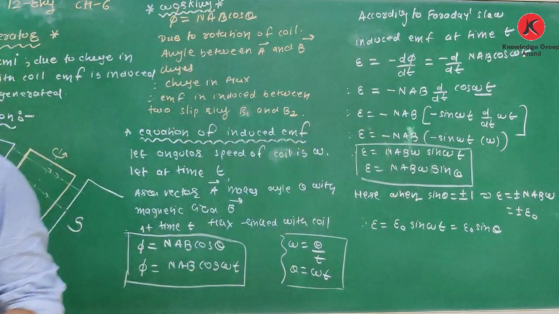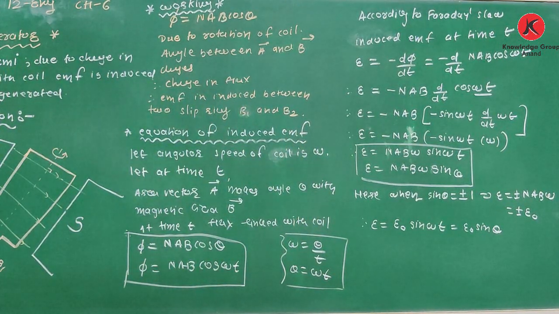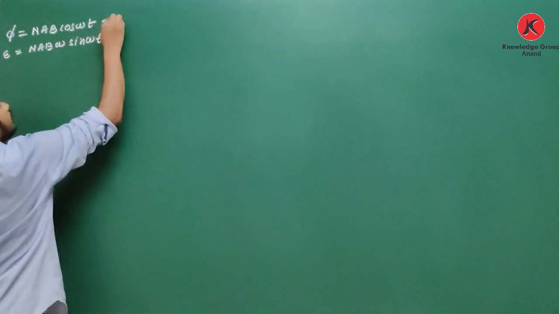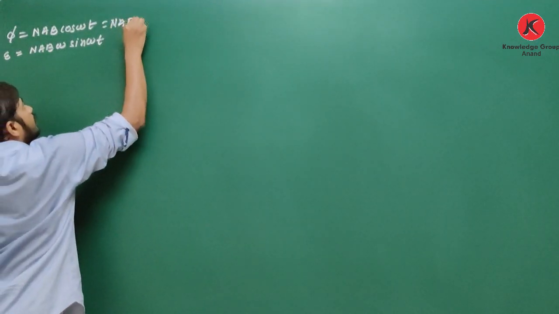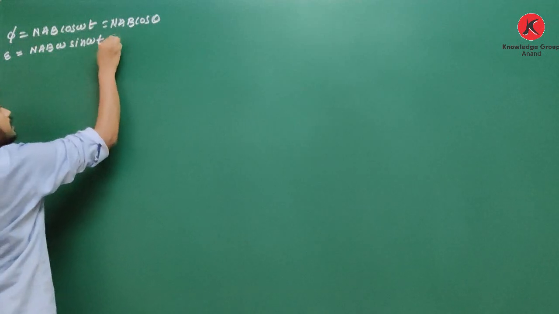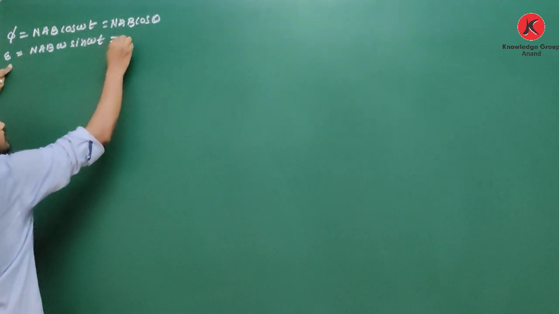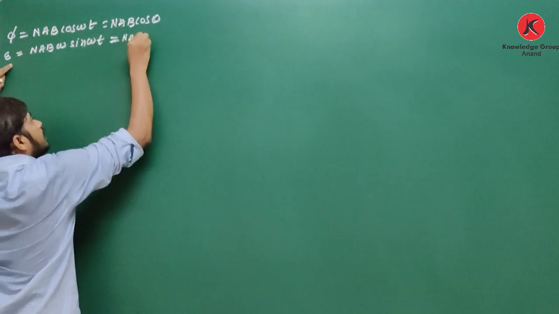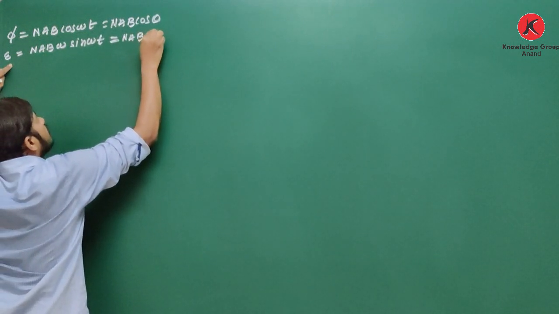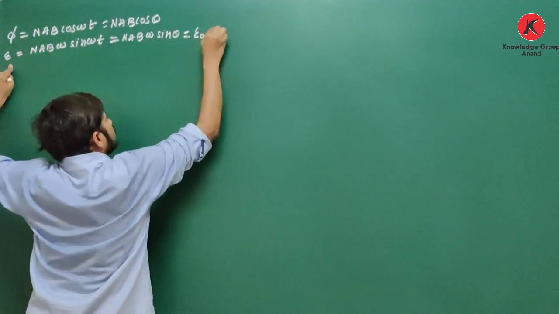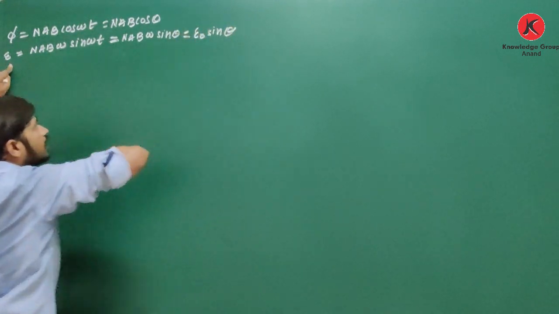Now we will see what is the meaning of this equation. Phi is equal to NAB cos omega t, or I can write NAB cos theta. Here the induced EMF E is equal to NAB omega sin omega t, or I can write NAB omega sin theta, or E0 sin theta. Clear about this?